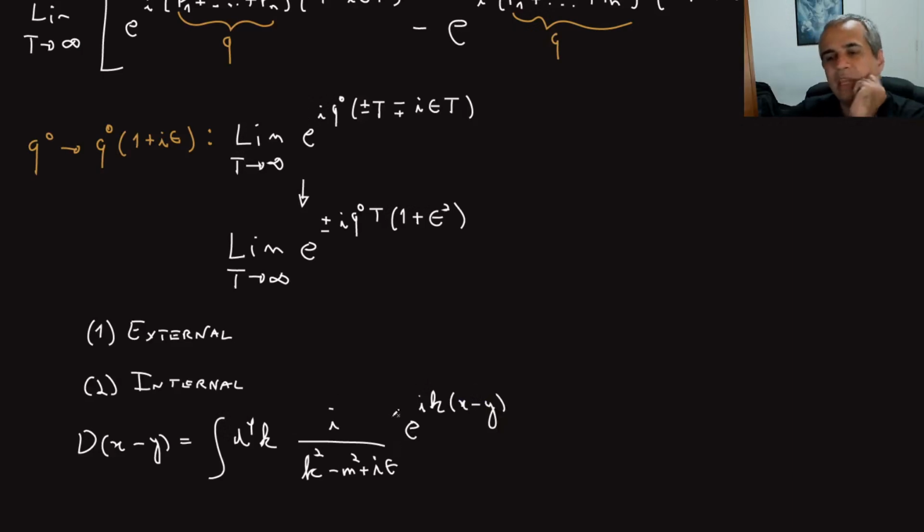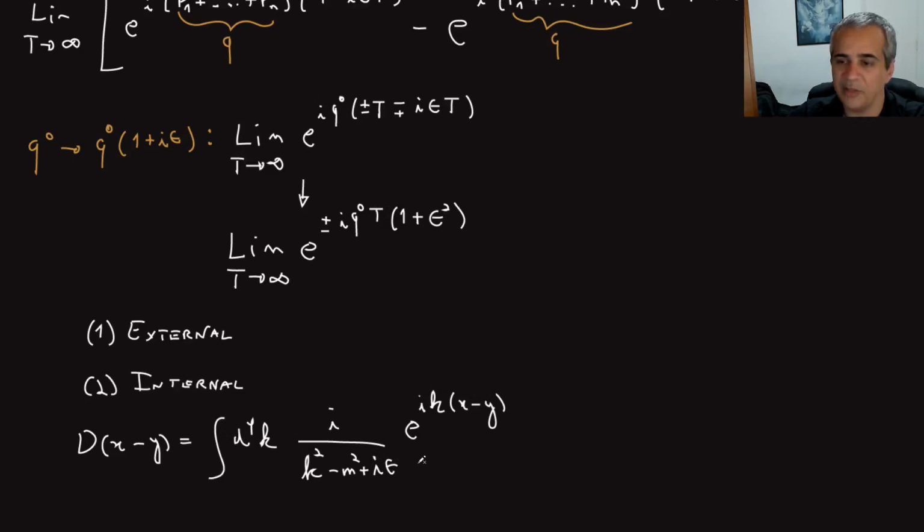And here I have to be careful because this momentum is already fixed. There's a lot of care I have to take here to analytically continue a momentum that is already being integrated with some imaginary part here, right? So this guy I need to be careful with.